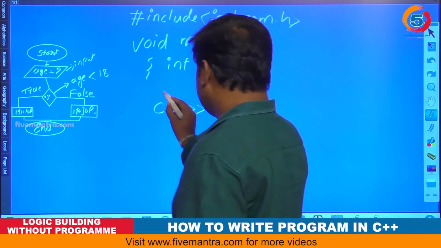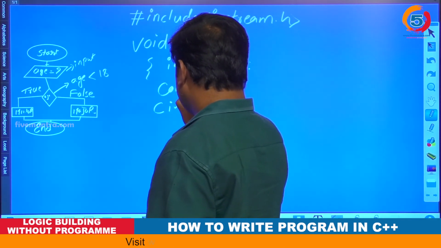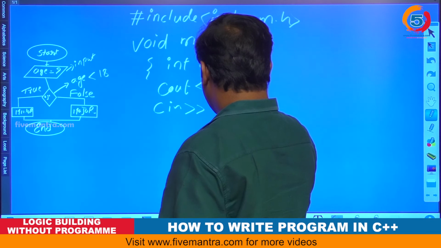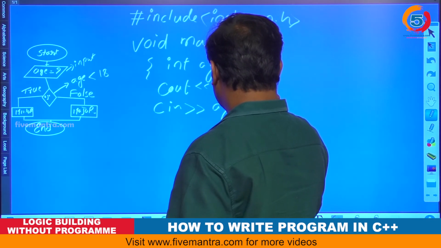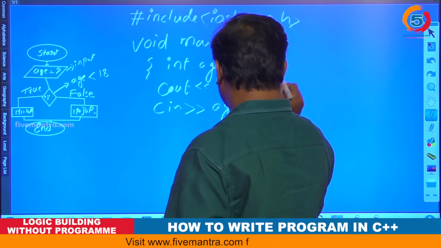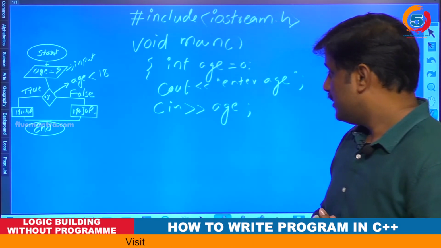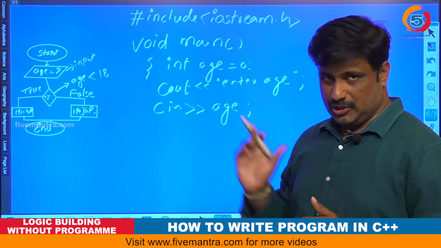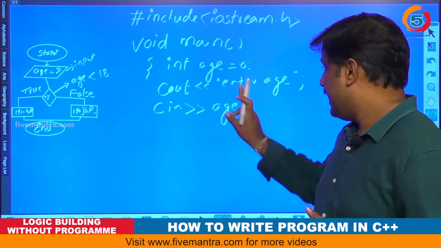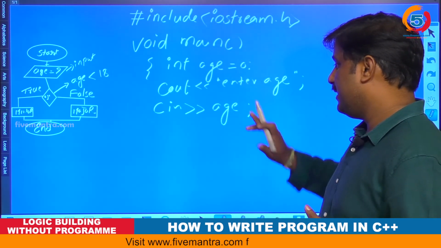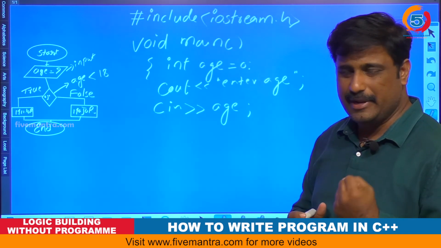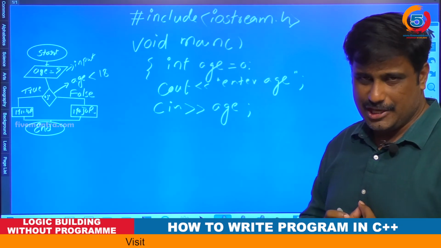So for that we will use cout, another object we have. Enter age. Okay, and everything must be closed with a semicolon. Enter age. Once entered, age will be retrieved and saved into the age variable.